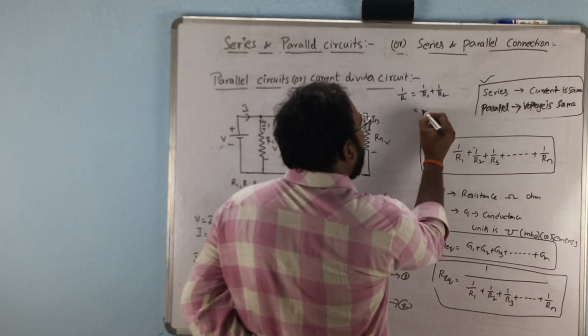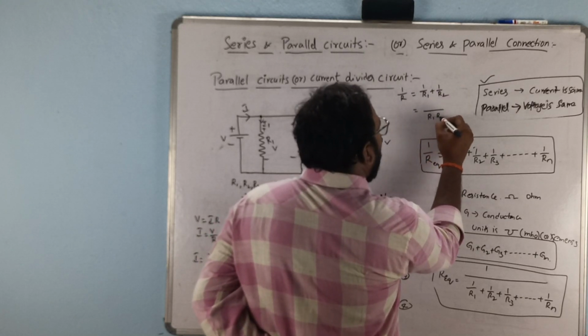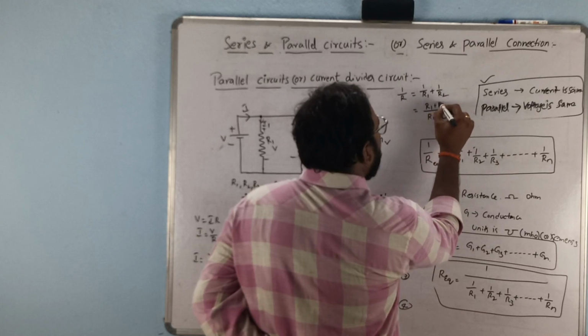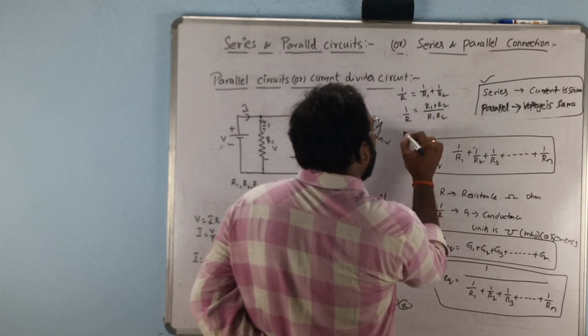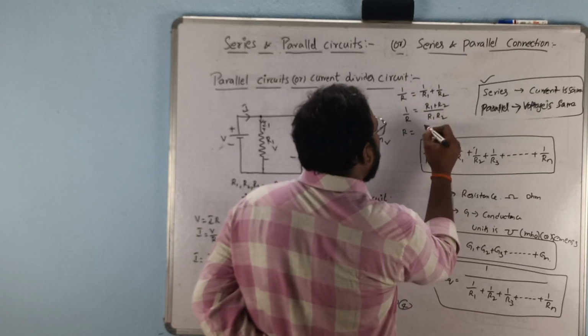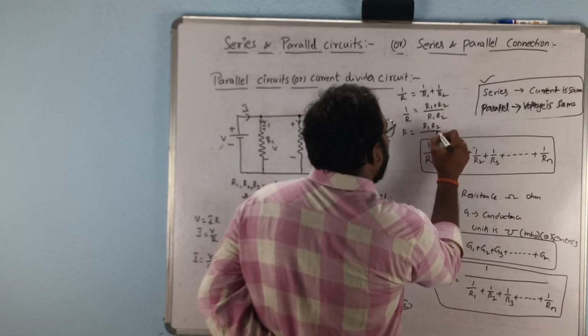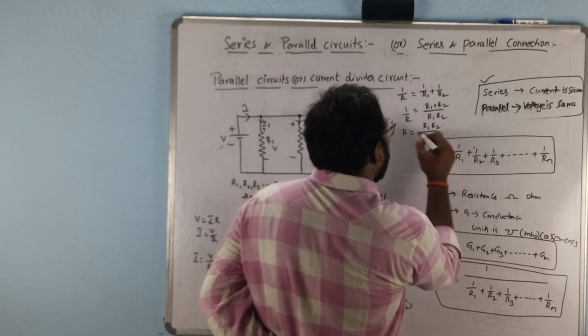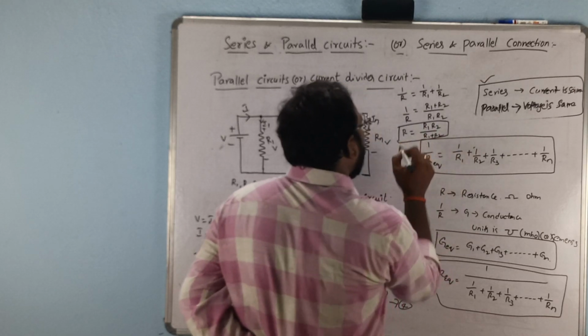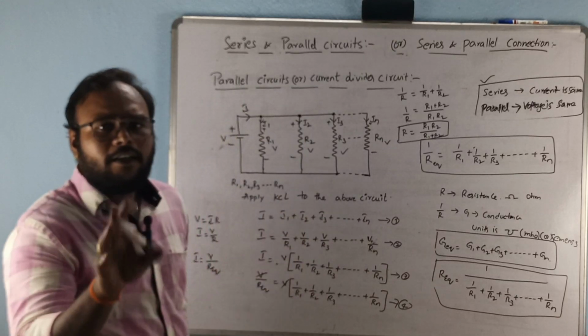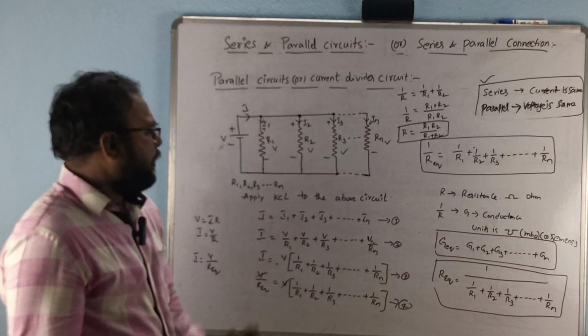Now what happens? It will become R1 plus R2 over R1 R2. So, if you want R, you can reverse it: R1 R2 by R1 plus R2. That is the direct formula to find the equivalent when two resistors are connected in parallel. This is the easiest method.